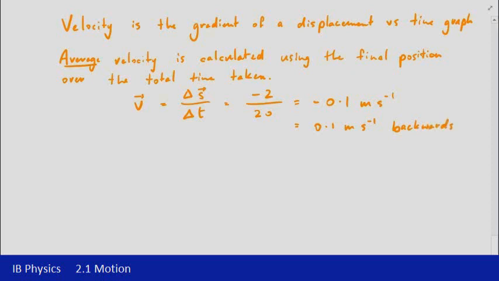So that would be the average velocity. The instantaneous velocity, similarly to instantaneous speed, is calculated at a particular point in time.